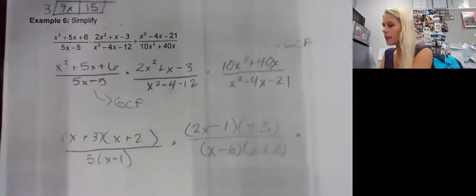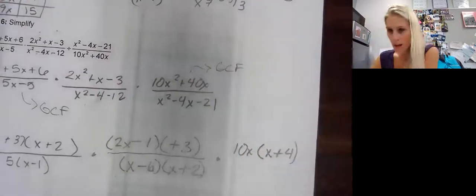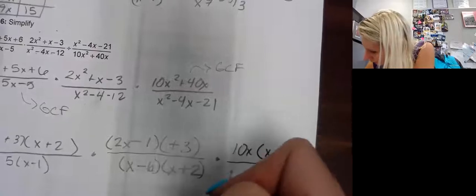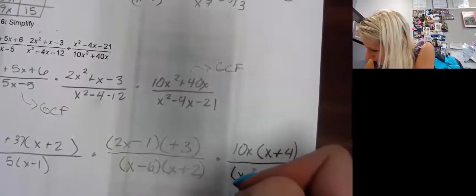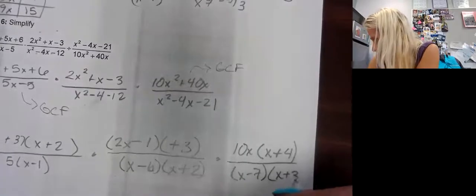On the top here, they have in common a 10x, leaving us an x plus 4 all over, and then on the bottom we get x minus 7 times x plus 3.